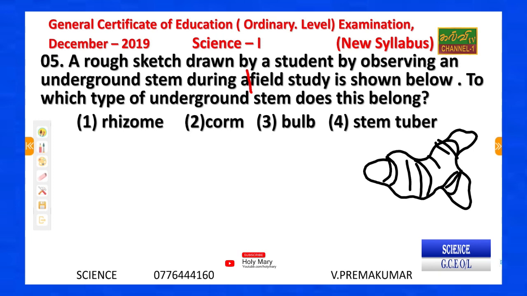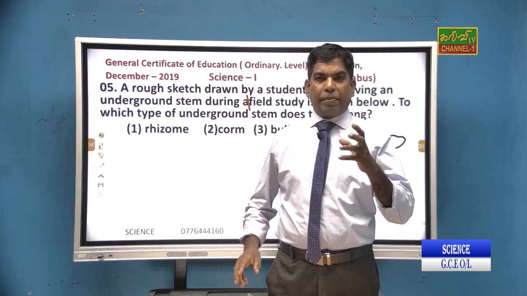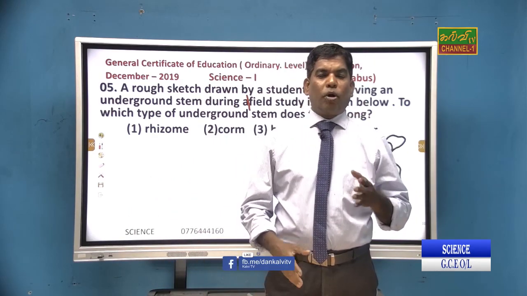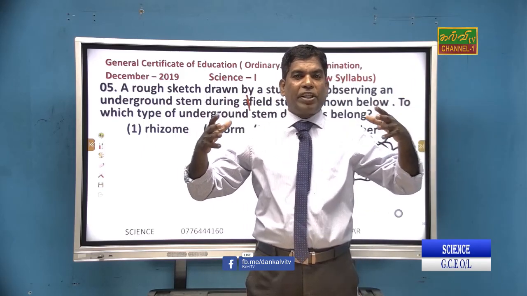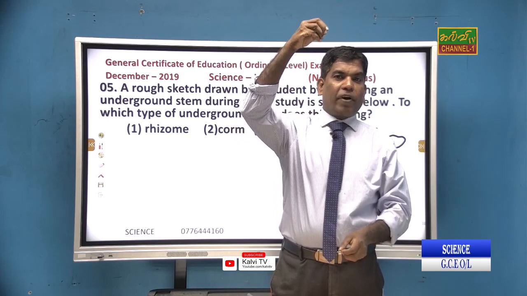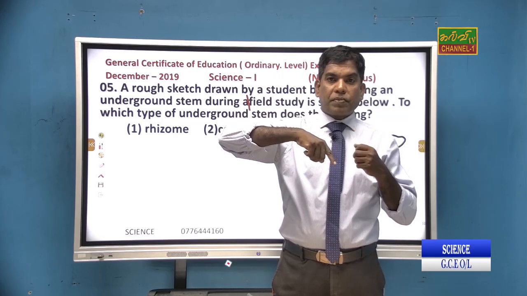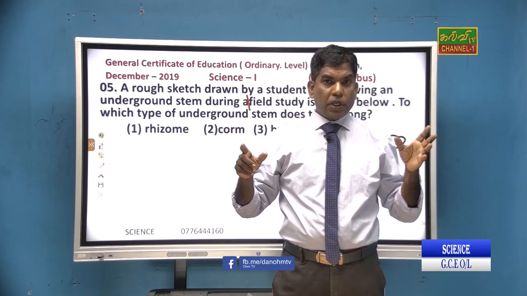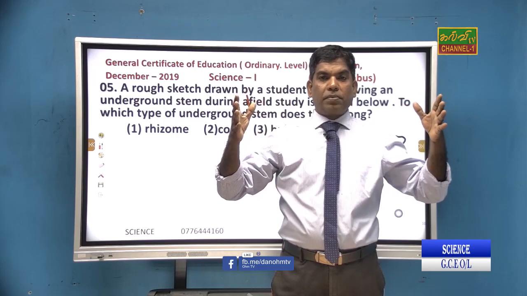Right? Underground stem. You know the underground stem. What is an underground stem? Normally when you see your environment, there are a lot of trees and grass, everything. That stem you can identify is the aerial stem, in touch with the air, the normal atmospheric environment.